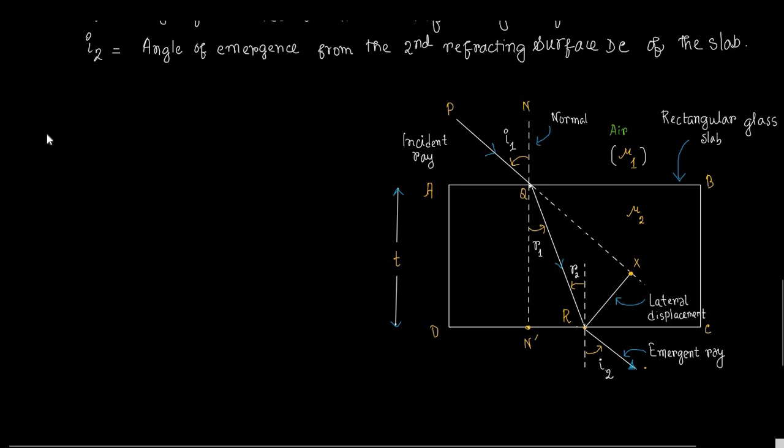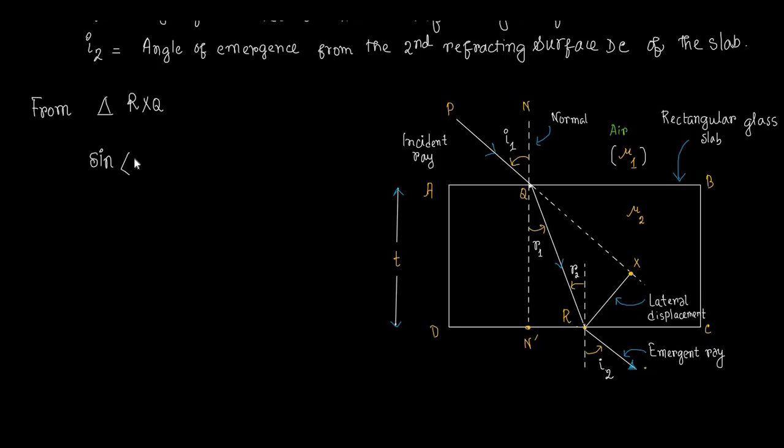Now we can derive the expression of lateral displacement RX from the triangle RXQ. From the triangle RXQ, sine of angle RQX is equal to perpendicular by hypotenuse, that is RX divided by QR.